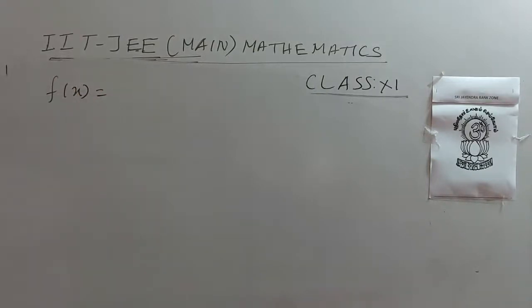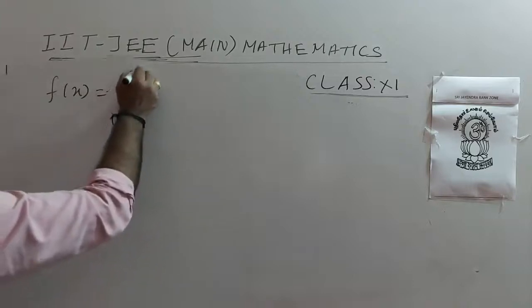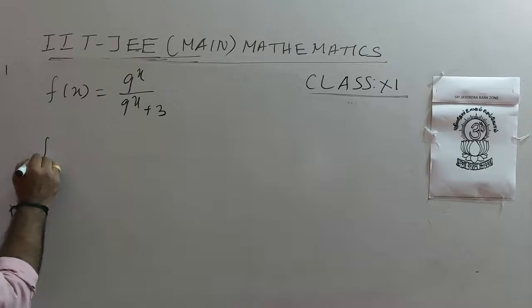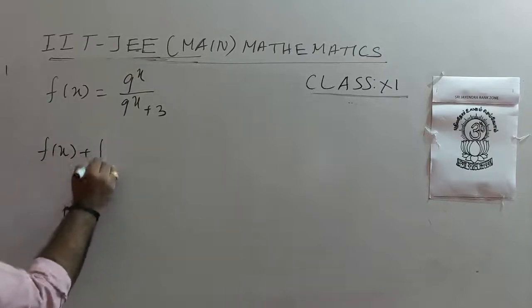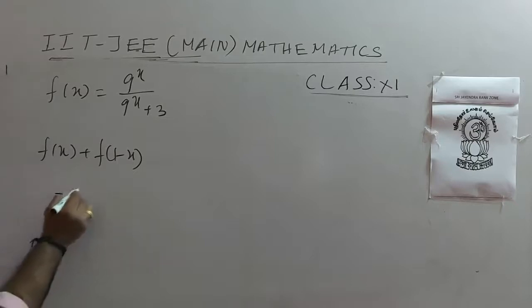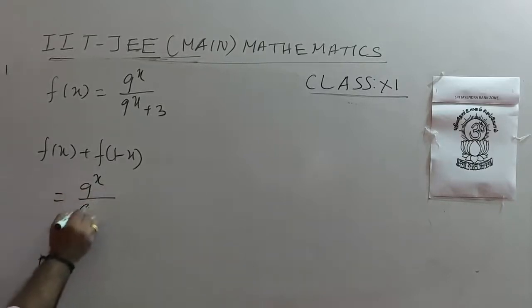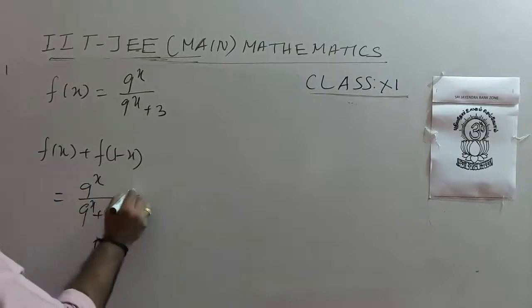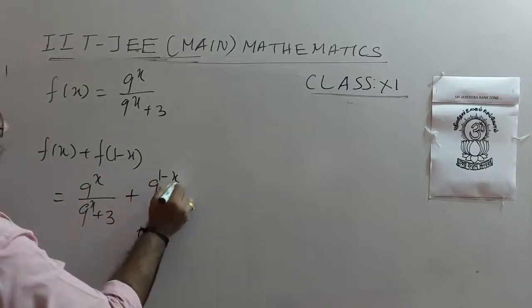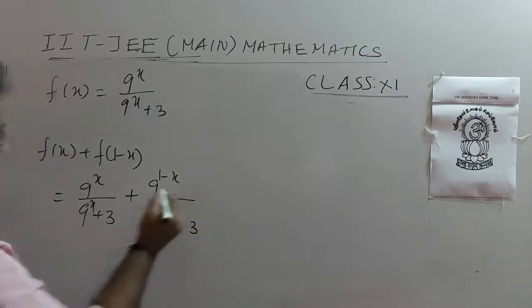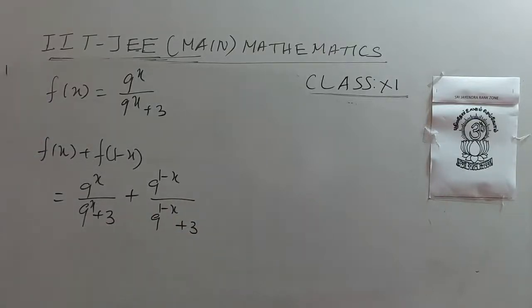f of x is given as 9 power x by 9 power x plus 3. f of x plus f of 1 minus x is 9 power x by 9 power x plus 3, plus 9 power 1 minus x by 9 power 1 minus x plus 3.